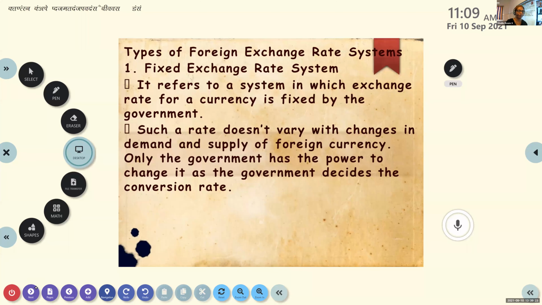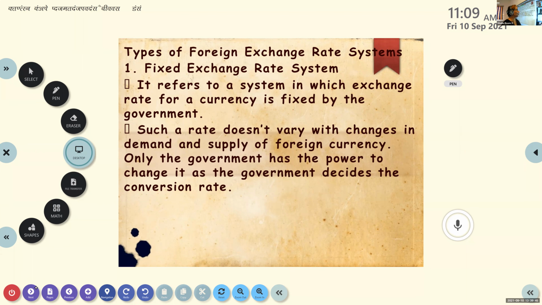So in the fixed exchange rate, government fixes the exchange rate. The government intervenes in the foreign exchange rate and fixes how much it will be sold and bought.